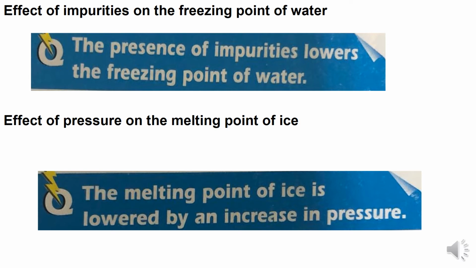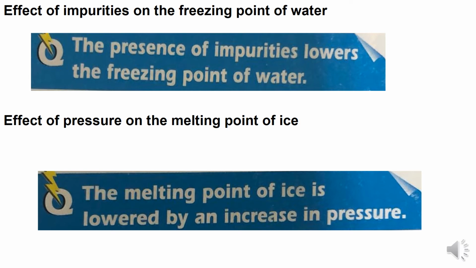To avoid this problem, in the car cooling system, drivers add antifreeze to lower the freezing point of water. So if the temperature goes below 0 degrees, the water will not change to ice in the presence of the antifreeze as an impurity. That's what the presence of impurities does; it doesn't change to ice below 0 degrees.